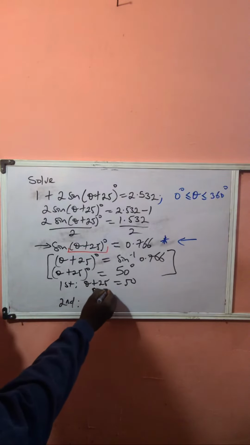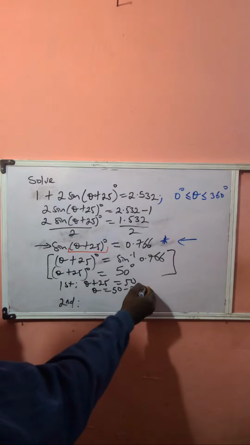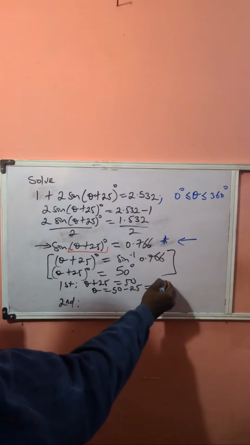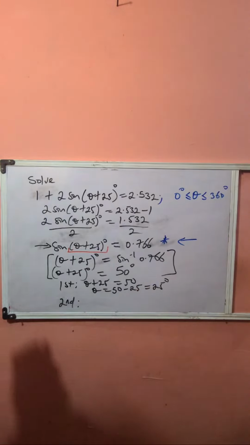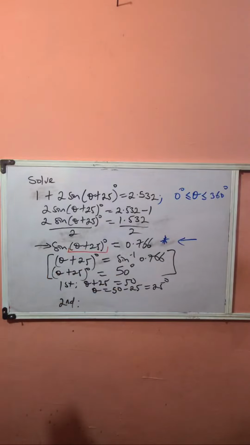Before you go on, we can find our theta from this particular position now. Our theta will be equal to 50 minus 25, which will be equal to 25 degrees. So we have gotten a value for theta at this point. Now, this is our theta, 25 degrees. Can we then go on to find for the second quadrant?